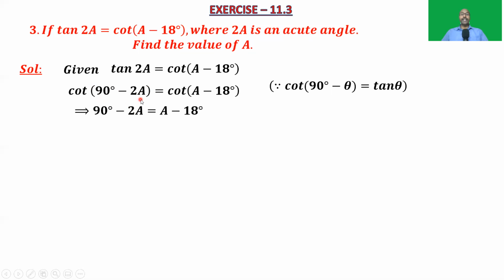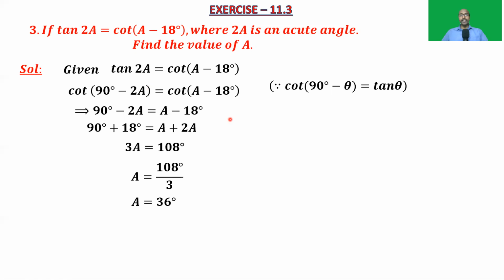That is, 90 degrees minus 2A is equal to A minus 18 degrees. And now by simplification, we get 3A is equal to 108 degrees and A is equal to 108 degrees by 3, that is 36 degrees. Therefore, the value of A is 36 degrees.